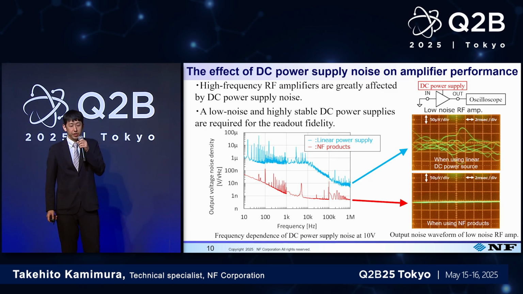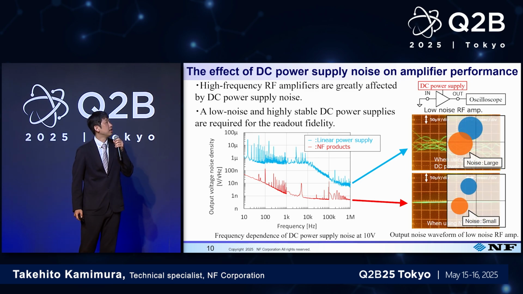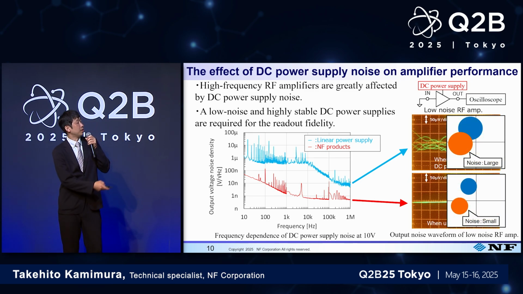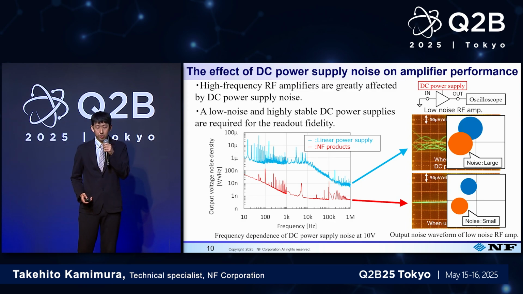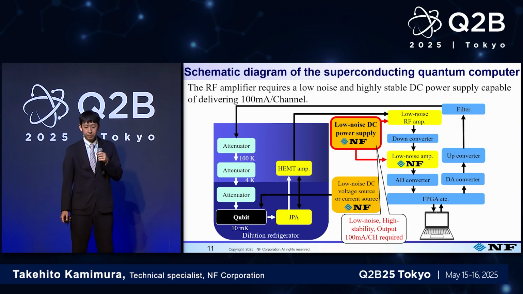So in this way, because the amp is impacted, this has an impact on the readout fidelity. So lower noise of the source is a very important element.